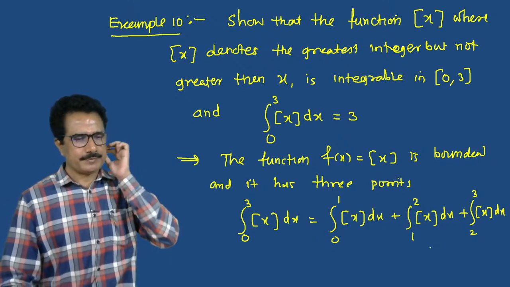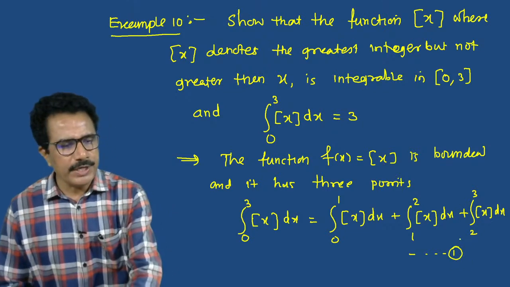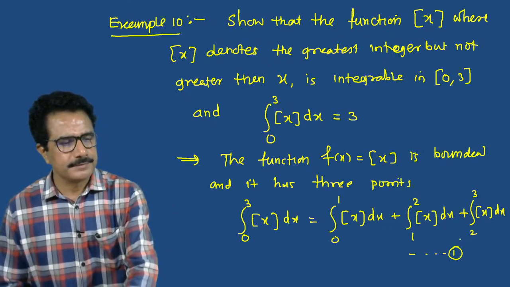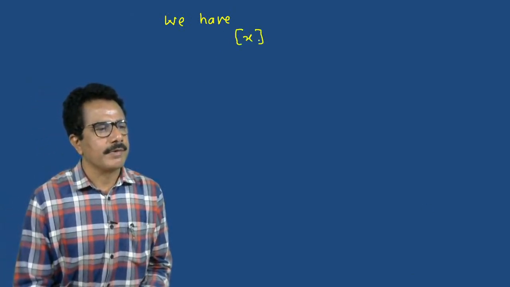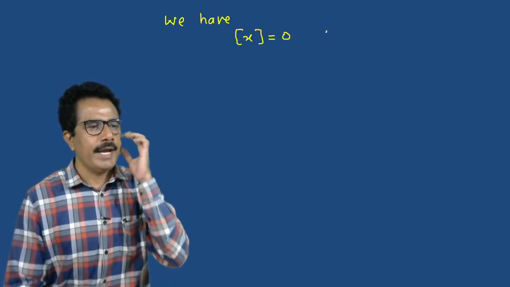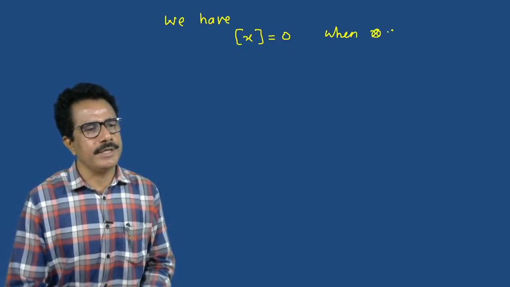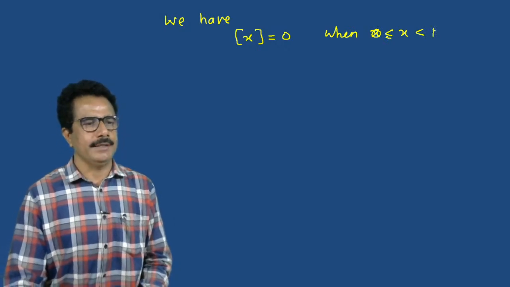Now see, suppose this is equation number 1. Now we know that we have box x which is equal to 0 when 0 is less than or equal to x is less than 1.